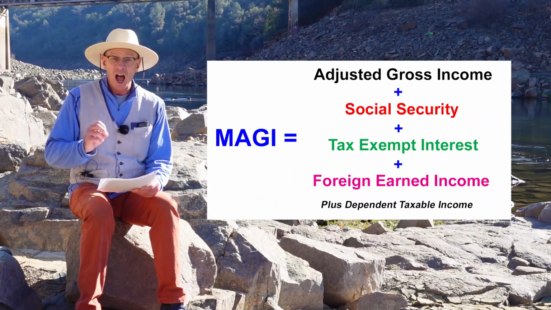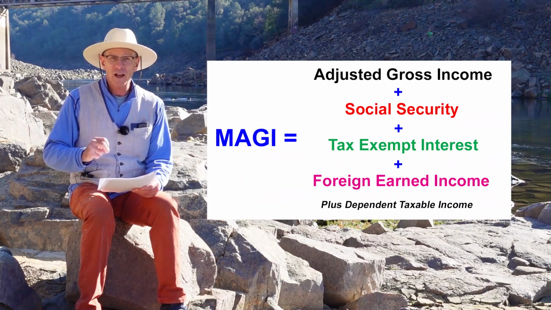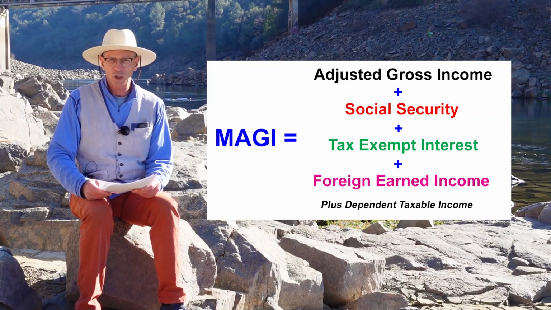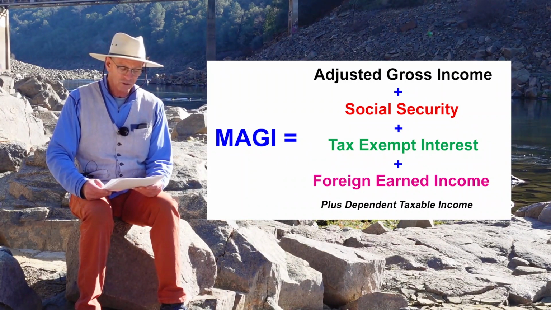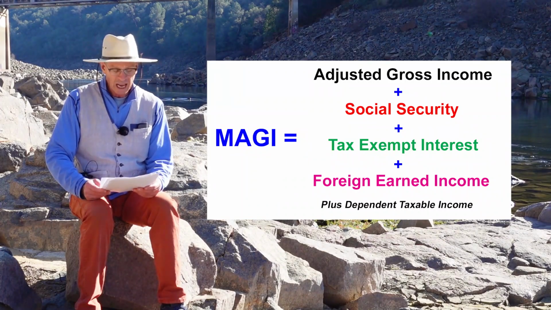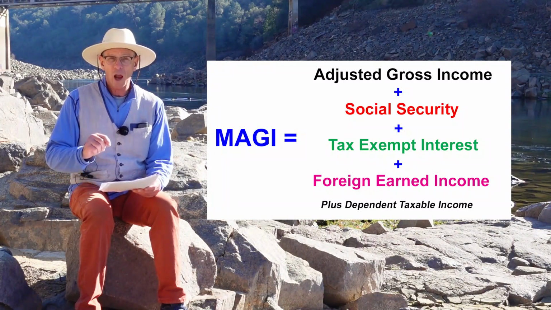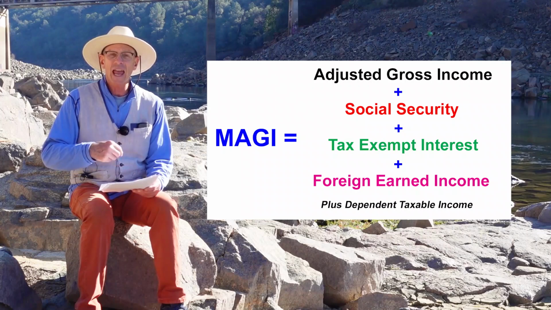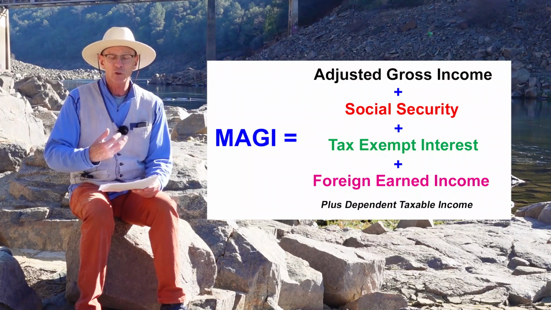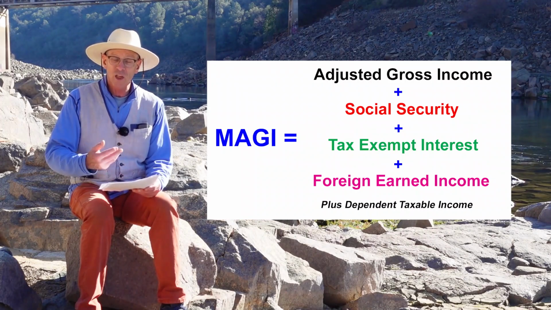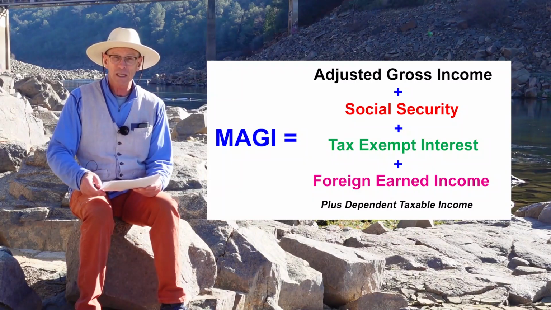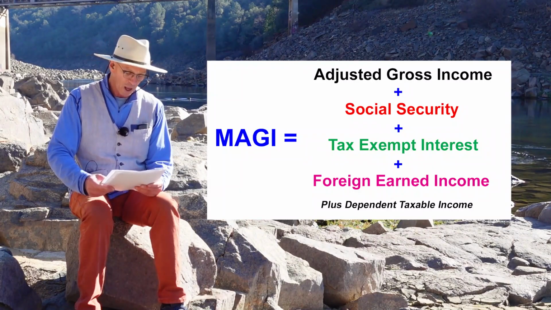Now that is the adjusted gross income modified by Social Security, retirement and disability benefits, tax exempt interest, and foreign earned income. And if you are claiming a dependent who has earned income and has to file a tax return because they owe income tax, that income is in the mix as well.